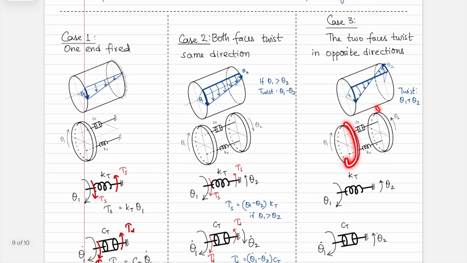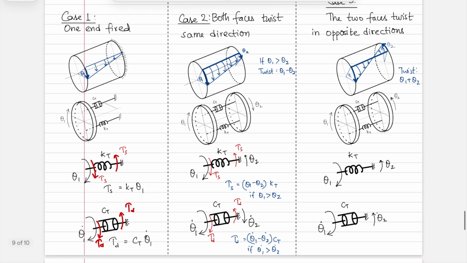And in this representation now, the spring would have to counter θ1 plus θ2, creating a net restoring torque tau s of Kt times θ1 plus θ2 acting in the same direction as what you see with the angular deflections.